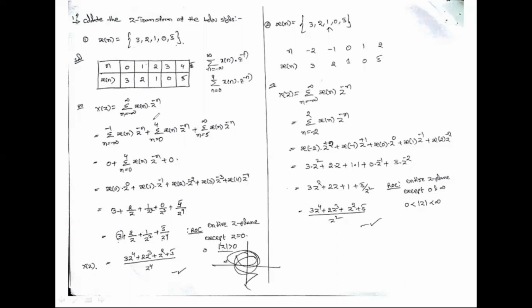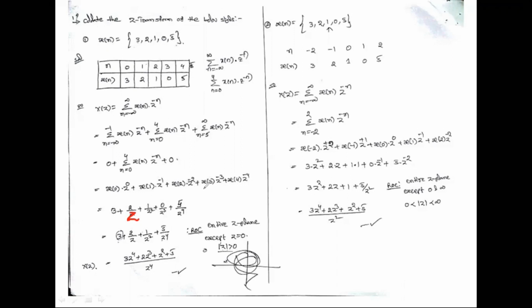We already know the given sequence x of 0, 1, 2, 3, and 4 values are 3, 2, 1, 0, 5. Substitute here. x of 0 is 3, z power 0 is 1. x of 1 is 2, and 1 by z is z power minus 1, my dear students. Don't think it is a 2, it is a z. When n is equal to 2, the value is 1, and 1 by z square.